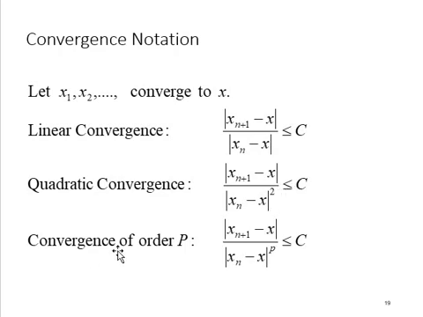This is quadratic because you've got order 2, and then you have got convergence of order p, and everything is similar. The only difference is the powers on your denominator. This is linear, it has got power 1. This is quadratic, 2, and then for order 3 you expect this one to be 3 also, and so on.